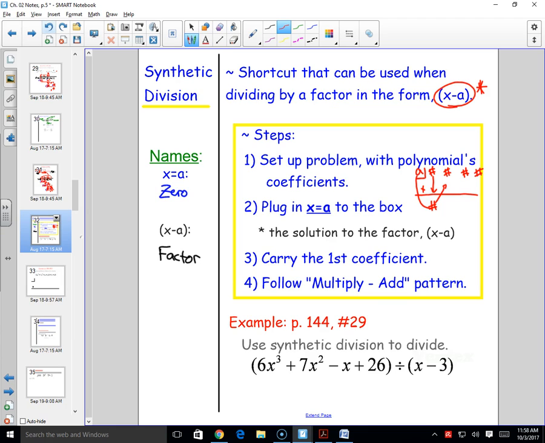So you multiply what's in the box by what's down below, carry it up, and then you add down. Then you're going to do the same pattern again with the next one. Multiply, carry it up, then add down until you have the last one. The last one will always be your remainder. And the answer will always be 1 degree lower than whatever you started with.